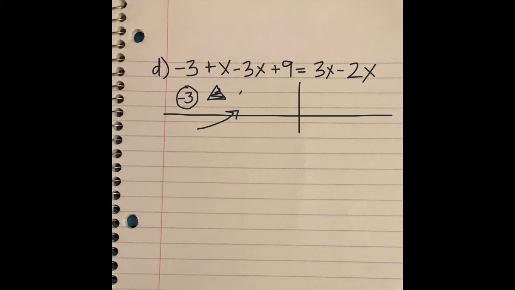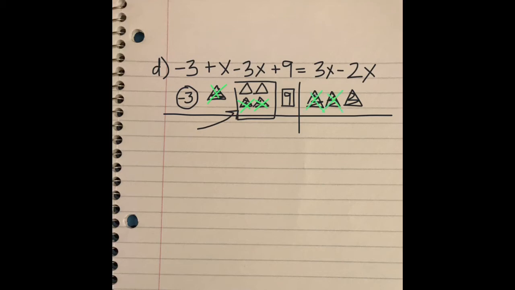So I'm going to bring in 2 0 pairs, and that allows me to take away 3 x's, 1, 2, 3, and then I can go back to my setup and make a positive 9, or a 9 in a rectangle. On the right, I've got 3 x's, but I'm asked to take away 2.